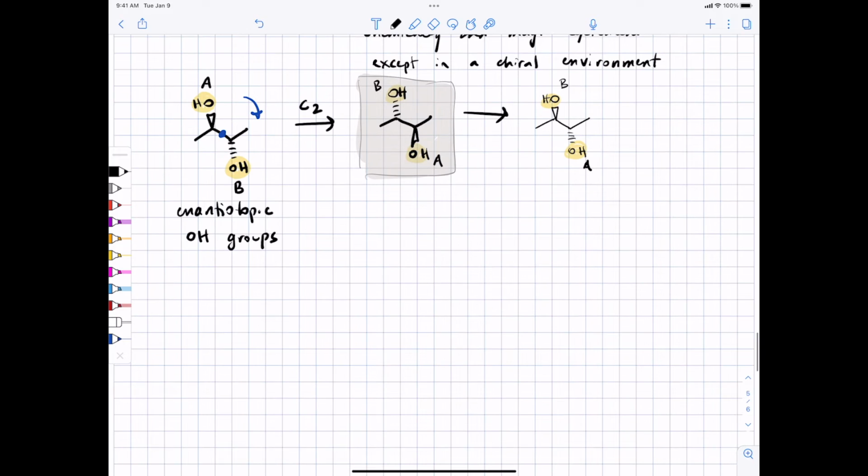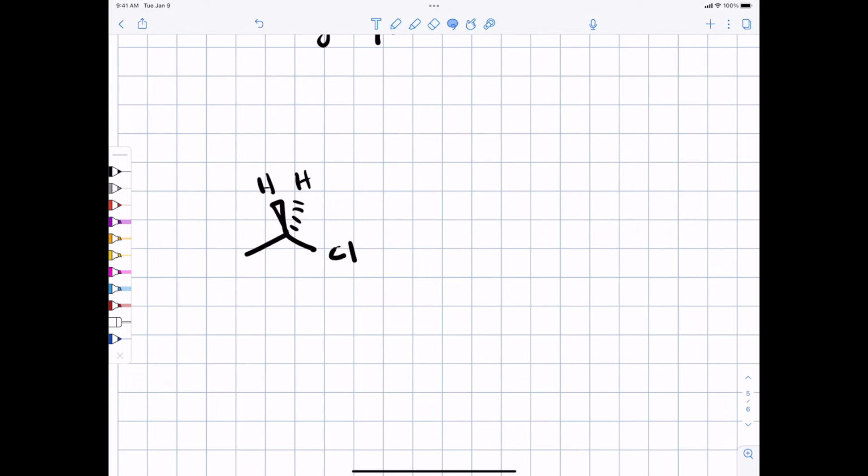Okay, so anything else we need to say about enantiotopic groups? I think the example we were doing at the end of class last time was something like this, HA and HB. They are not homotopic because there's no C2 axis that interchanges them.